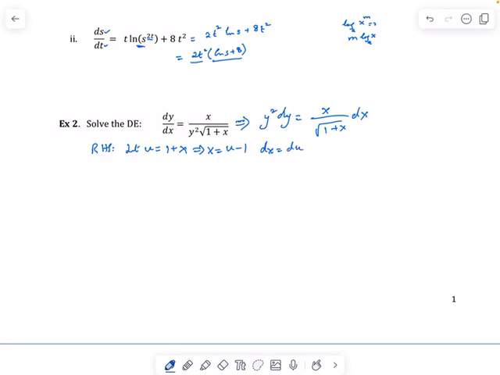Now we do the substitution on the right hand side. Our integral of x over the square root of 1 plus x dx is equal to the integral where the top is now u minus 1 and the bottom is the square root of u, du.